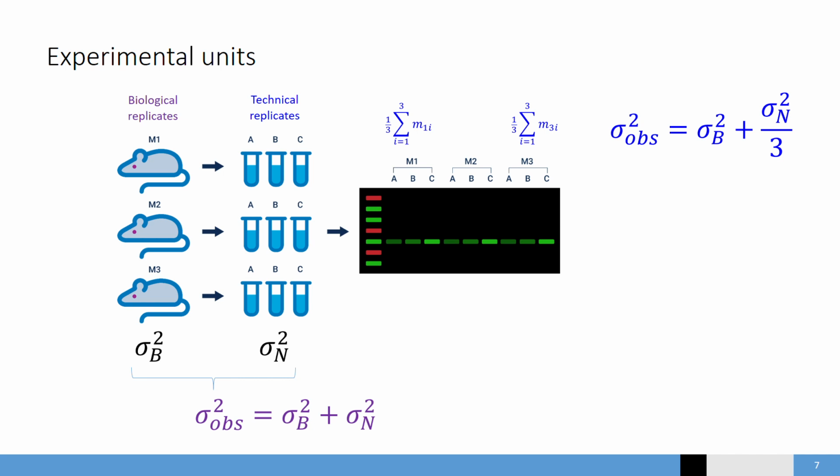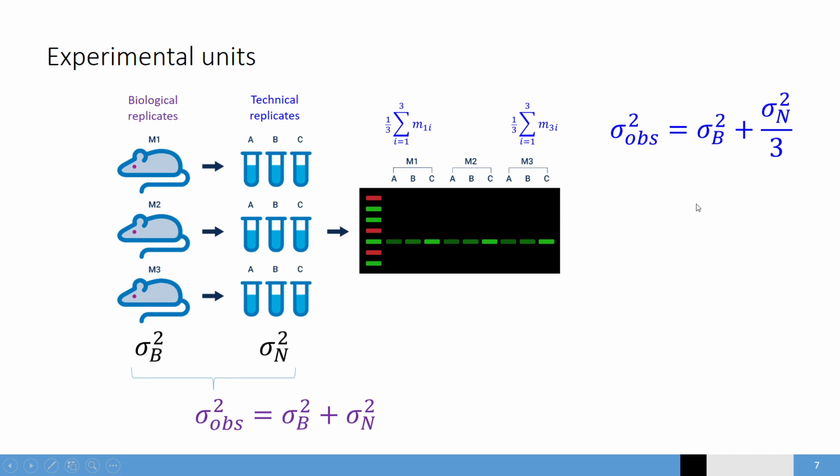You are dividing the noise by the number of technical replicates that you have. And this is important because when you compute the sample size, the variance that you need to use is the variance of your observations. So if you don't do technical replicates, they will be more noisy.